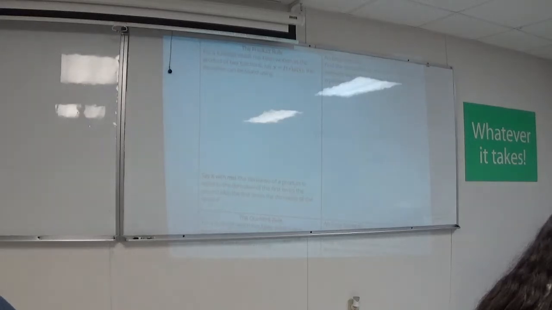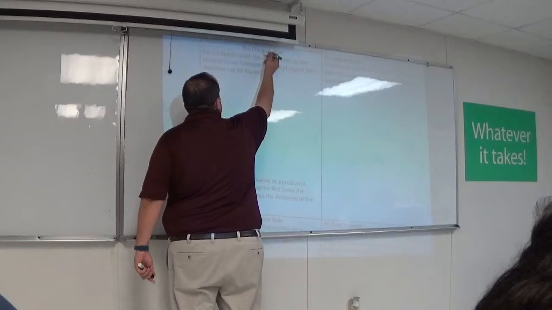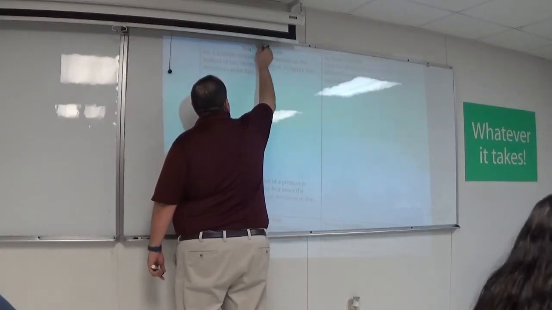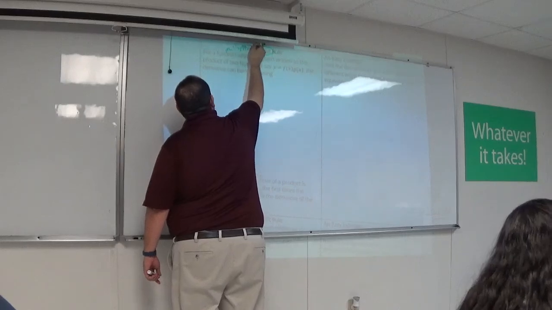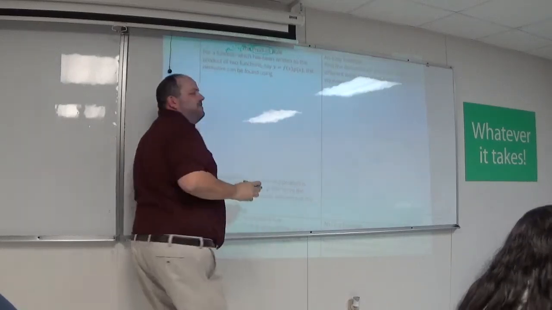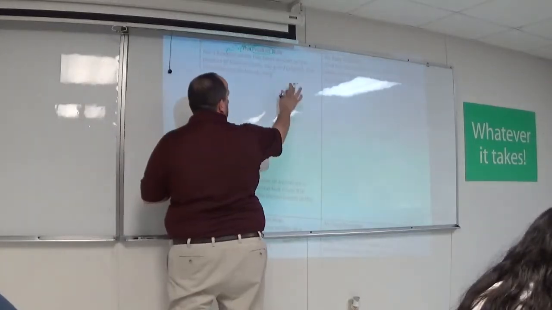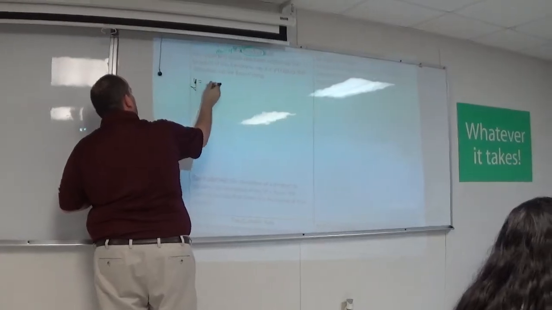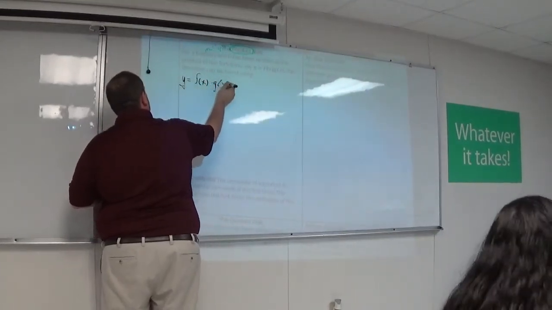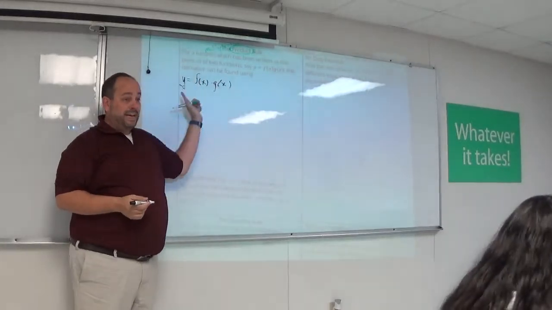Okay. First one, product rule. You guys know that in math the word product means multiplication. When you see multiplication of functions, you're going to use the product rule. So for example, if y equals f of x times g of x, you have functions being multiplied together.